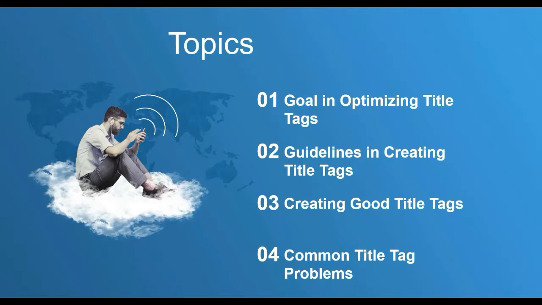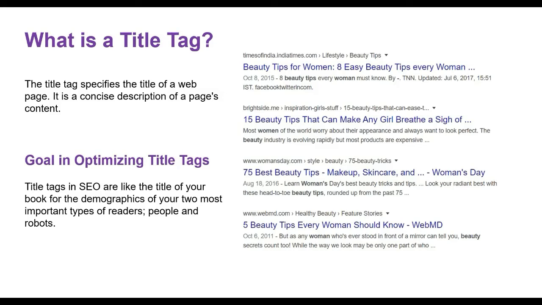Just like the meta description I discussed earlier, title tags have different issues and problems as well. Okay, so first, let me tell you what a title tag is. It is the title of your page. It is the concise description of a page's content.